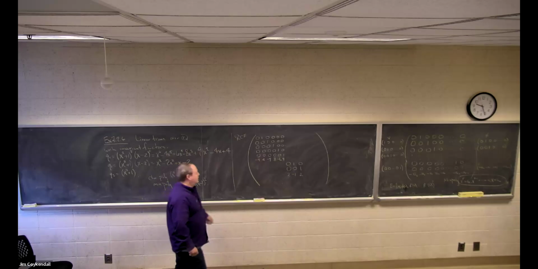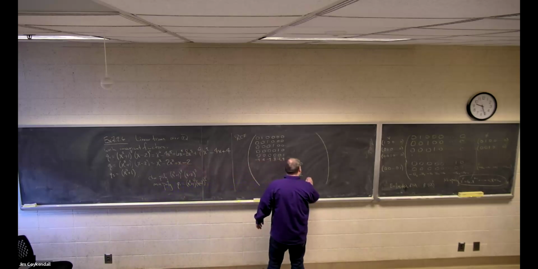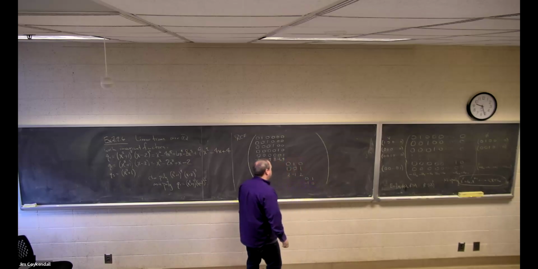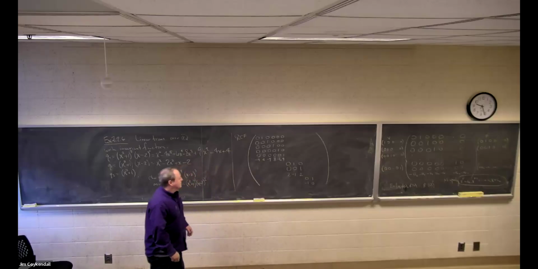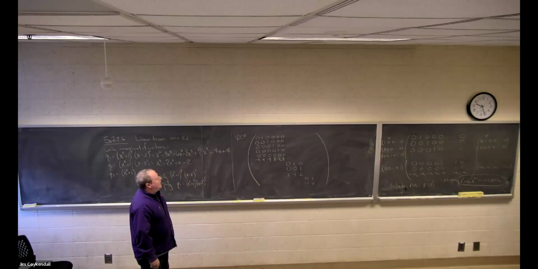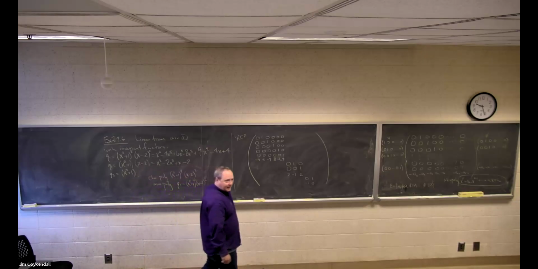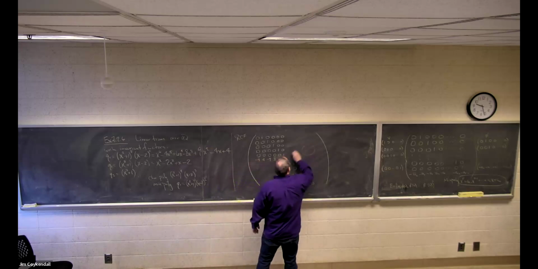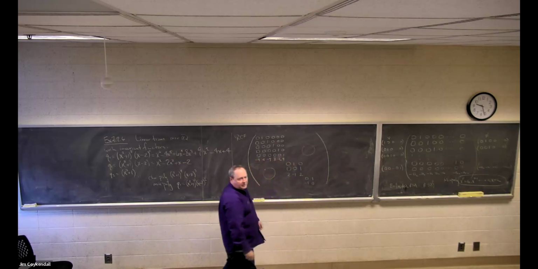And the final block should be a 2 block corresponding to that. All the other entries that I've left out are all zeros. Everybody okay with that? Everybody see how to build these blocks?